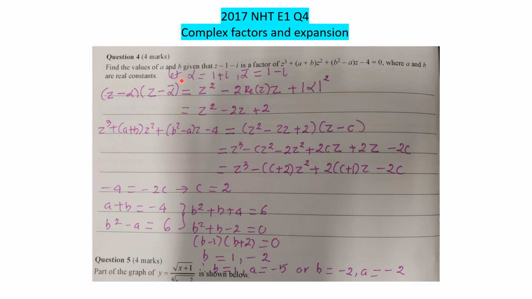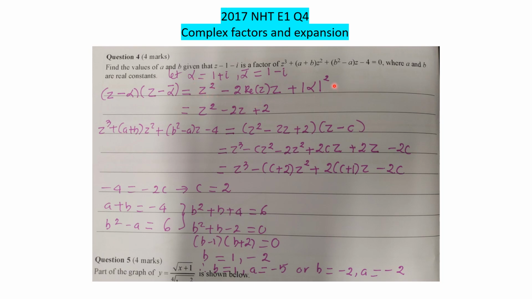So I let that first solution be alpha. Since we can use the conjugate root theorem, let alpha bar be the conjugate solution. In this case, you've got 1 minus i. When you multiply these two factors together, instead of using z minus 1 minus i times z minus 1 plus i, just use alpha and alpha bar instead, because it makes my expansion easier.